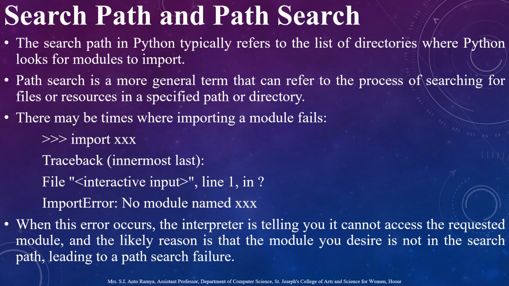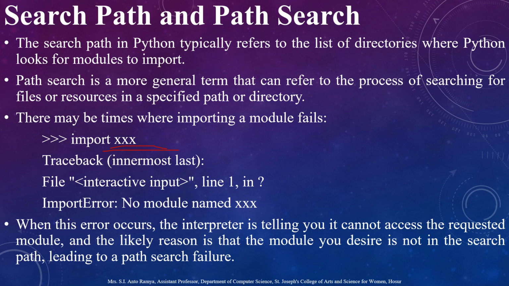Next one is search path and path search. Search path refers to the list of directories where you search for the modules to be imported. Path search is the process of searching for that particular path. See the example, we are trying to import a particular package.